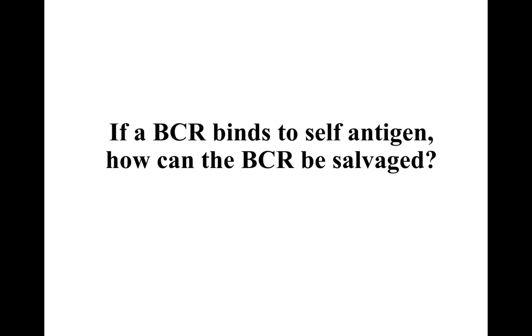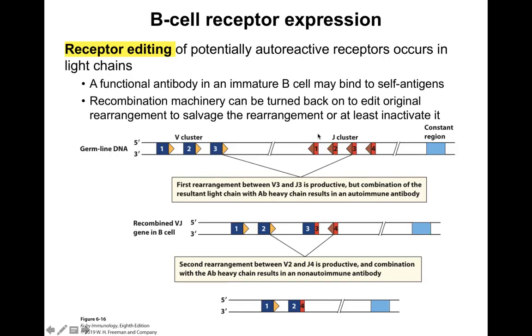So how can that B cell receptor be salvaged? You can actually have receptor editing. The segments that are left in there that didn't get removed by the recombination initially, you can then try some of the other segments that are there, and it can maybe salvage that B cell receptor by editing the receptor that's there and try again.